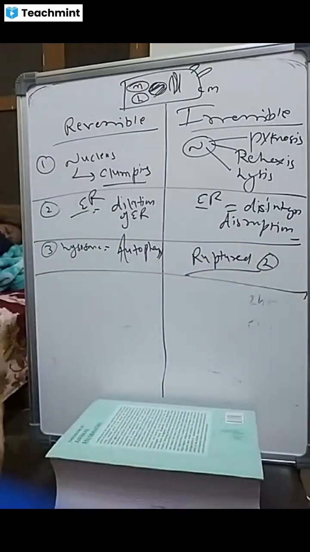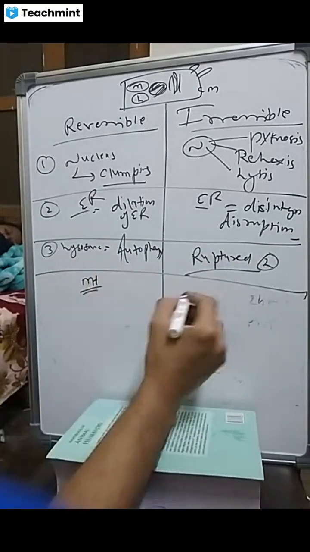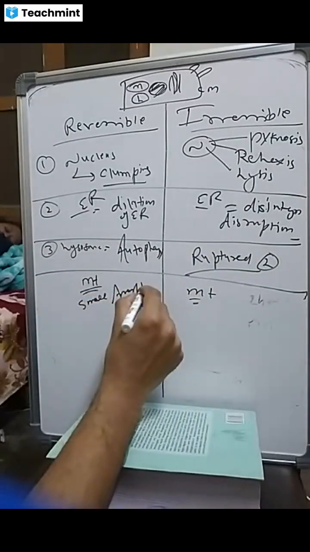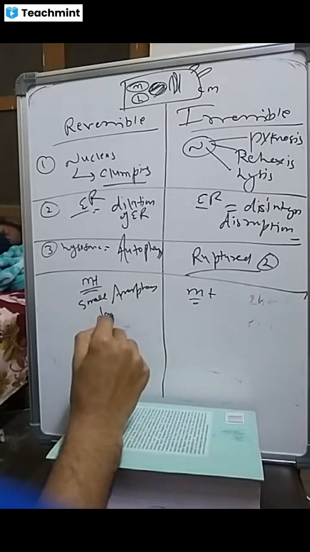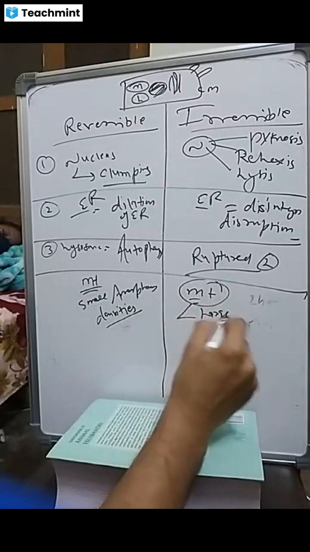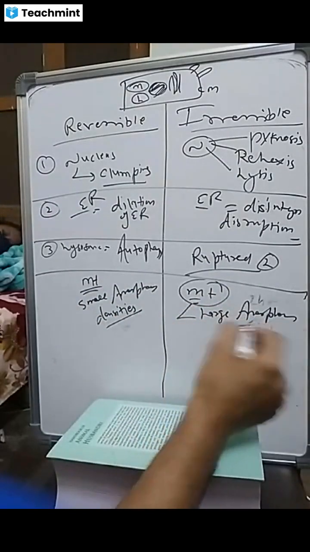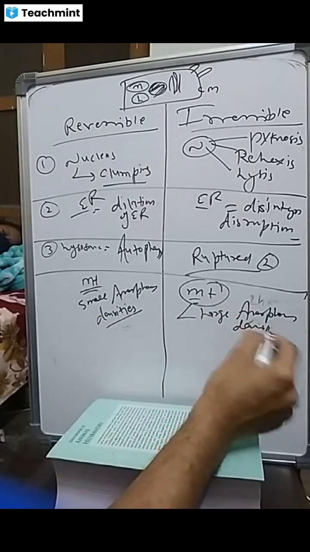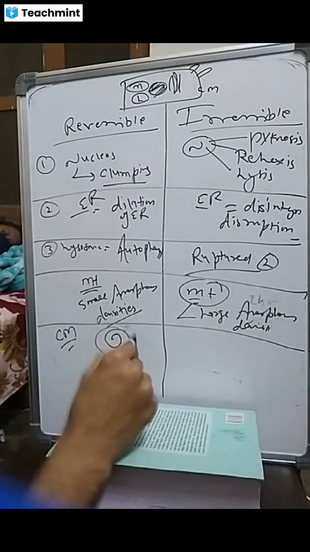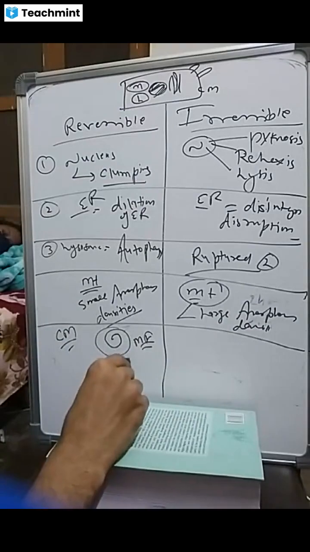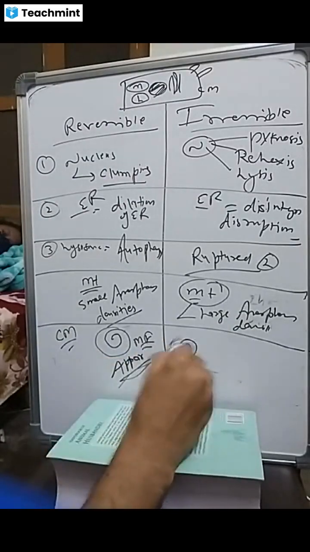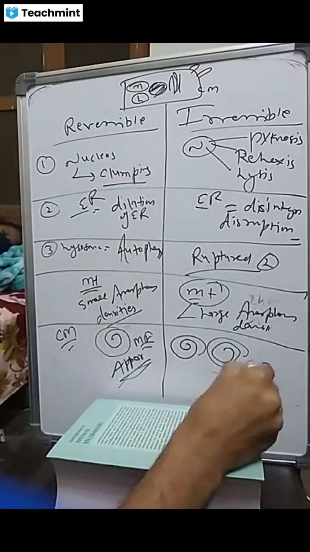Then, mitochondria: there are small amorphous densities in reversible injury, and large amorphous densities in irreversible injury. Then with the cell membrane, myelin figures. Myelin figures first appear here, and in irreversible injury there are multiple myelin figures.